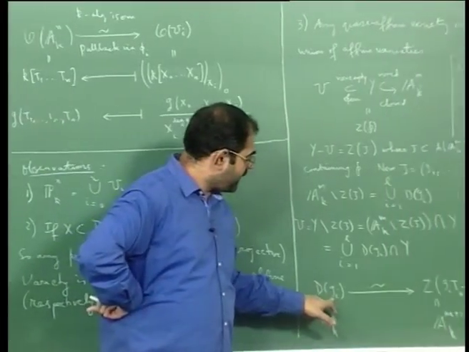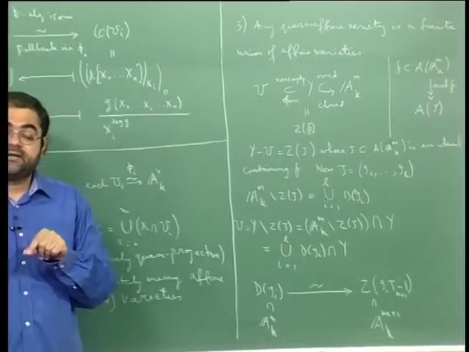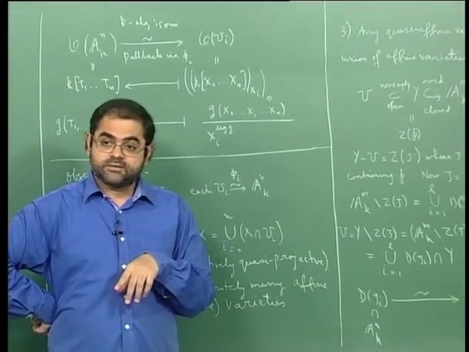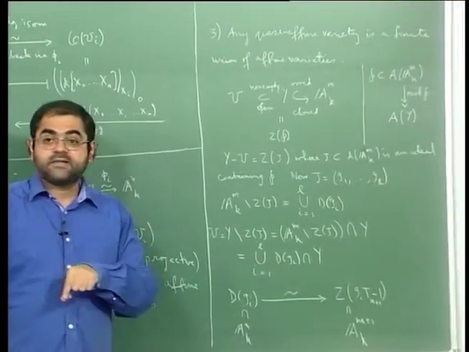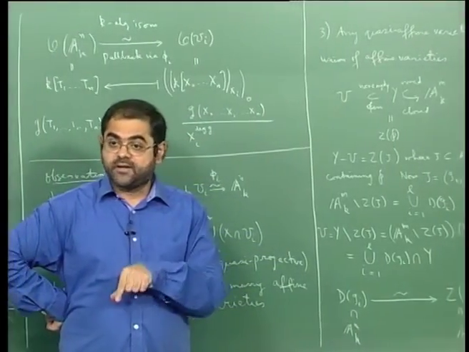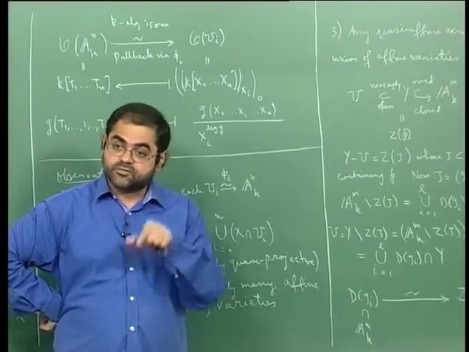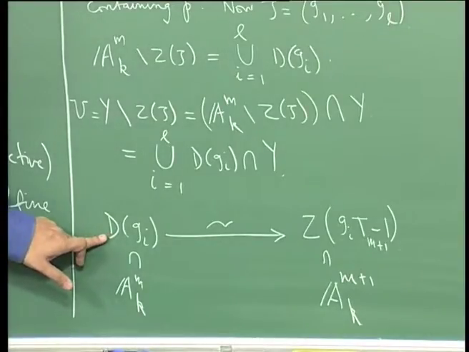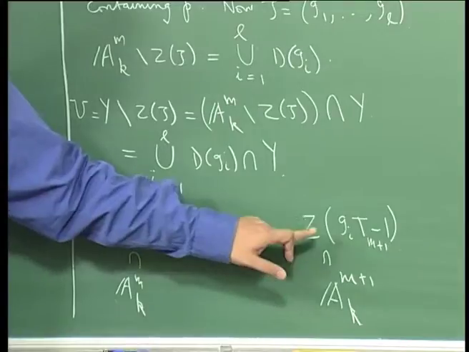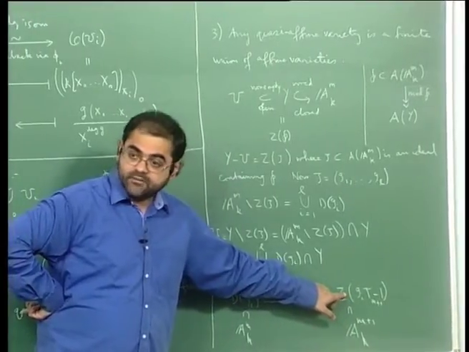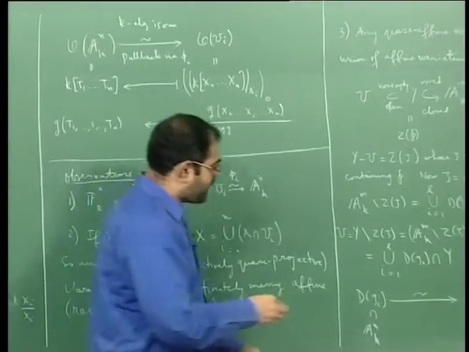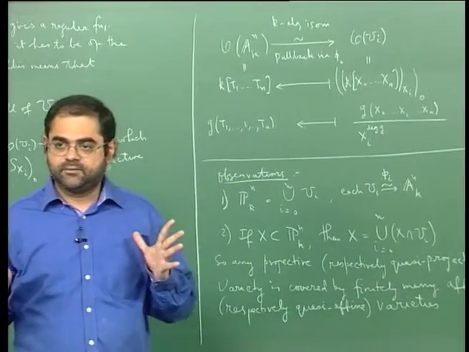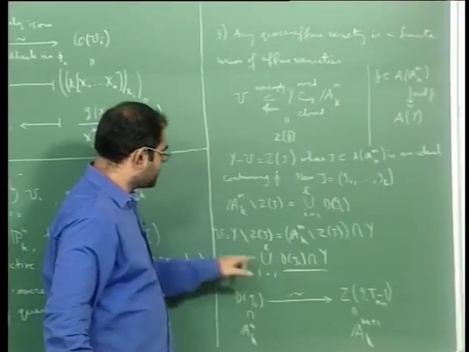Y intersection D(gi) is also irreducible, because it is a non-empty open subset of Y, and Y is irreducible. So the moral of the story is that D(gi) intersection Y is an irreducible closed subset of D(gi), and via this isomorphism it gives an irreducible closed subset of the affine space, and therefore it becomes an affine variety. So each D(gi) intersection Y is isomorphic to an affine variety, and the finite union of all such is your U.